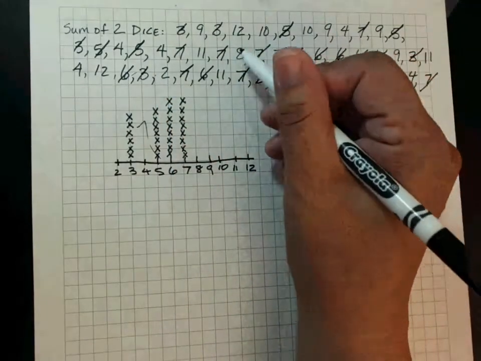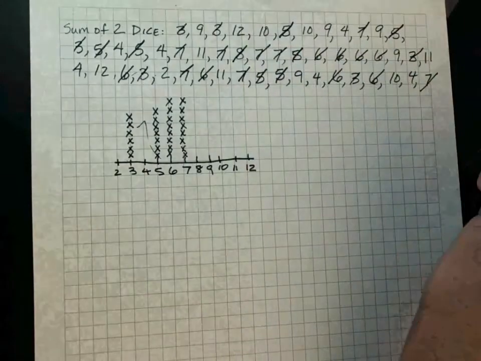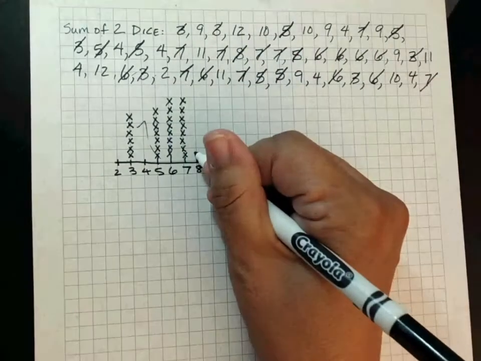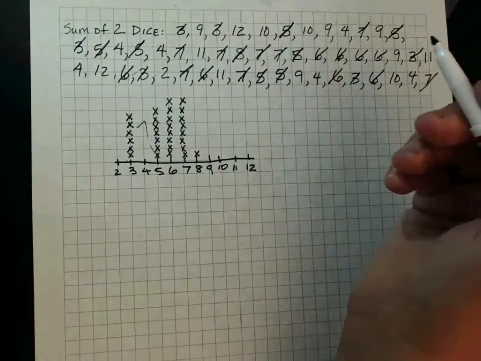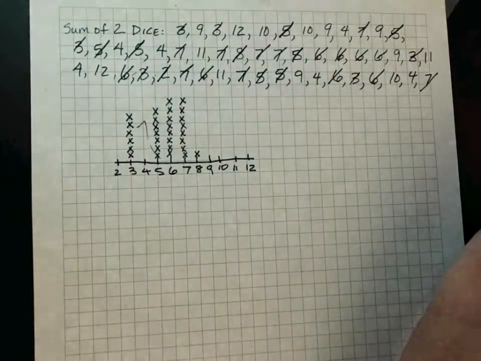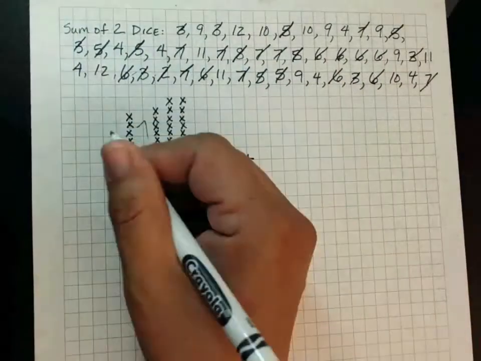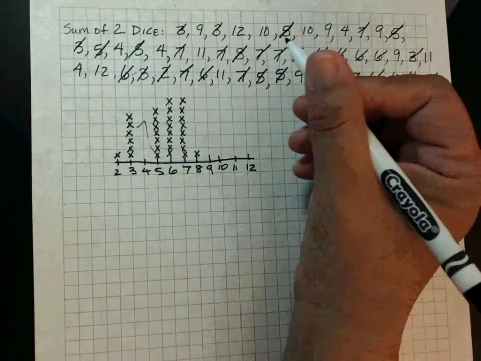We'll go ahead and do 8's. I see 1. Just 1 8. 2's. Just 1 two there. I don't see any more, so we'll leave it there. 4's.